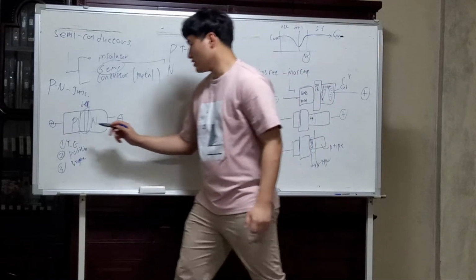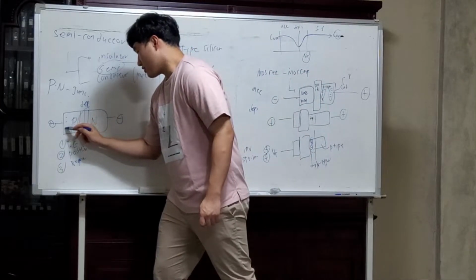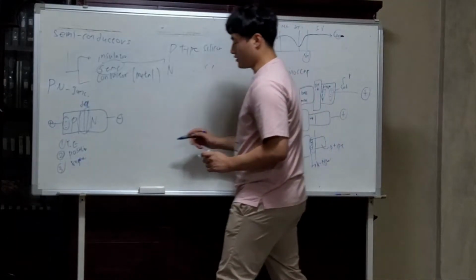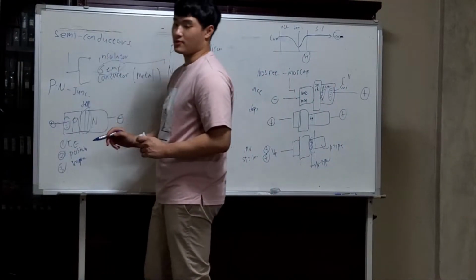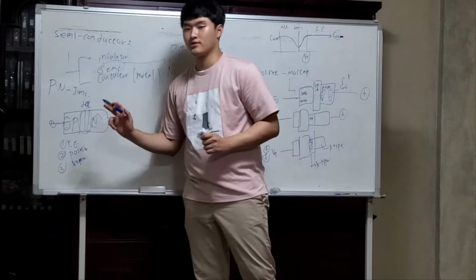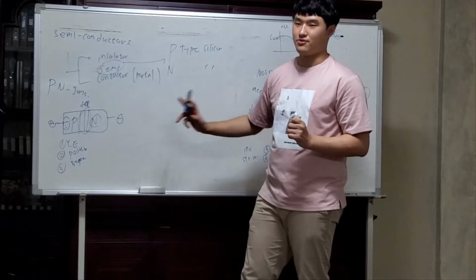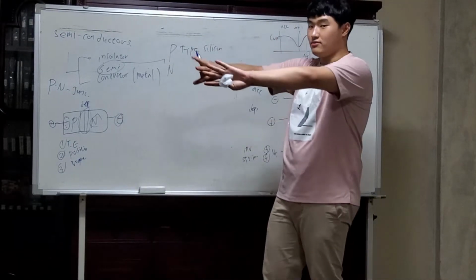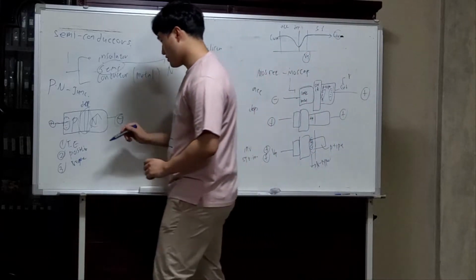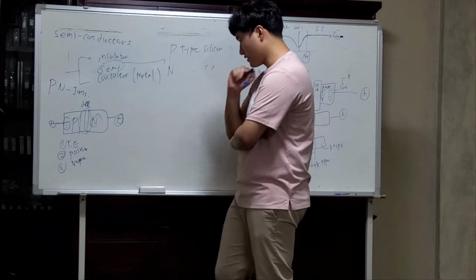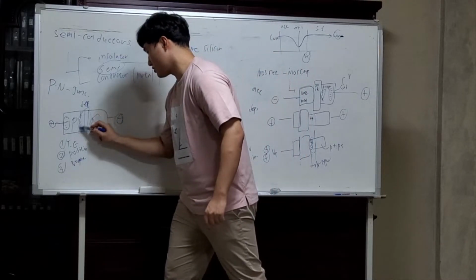Then the minority carriers of the P-type silicon will move toward the positive voltage, and the minority carriers of the N-type will move to the negative side. So the depletion region will become smaller.